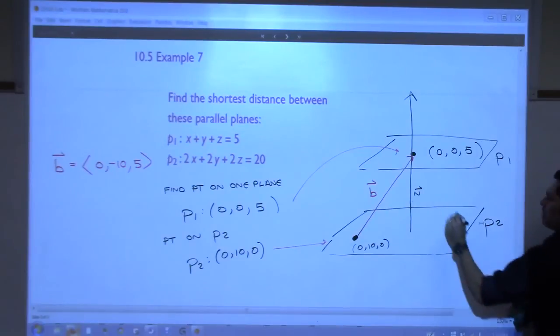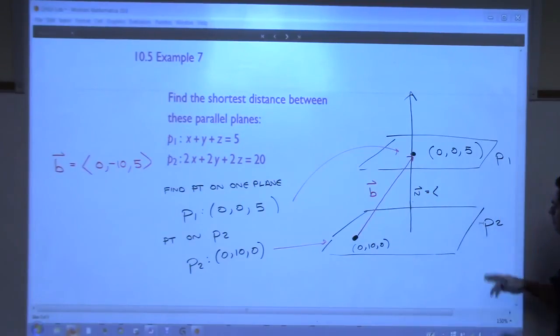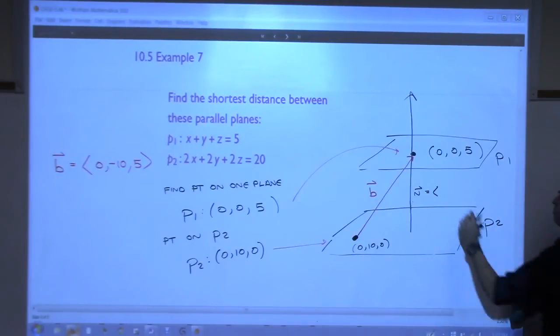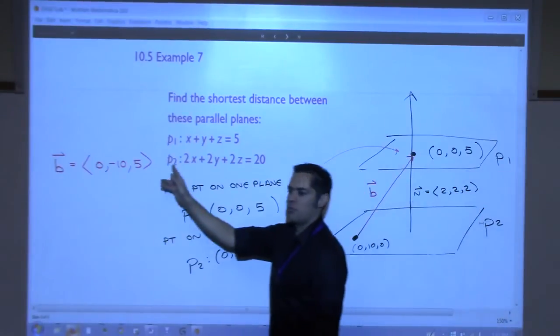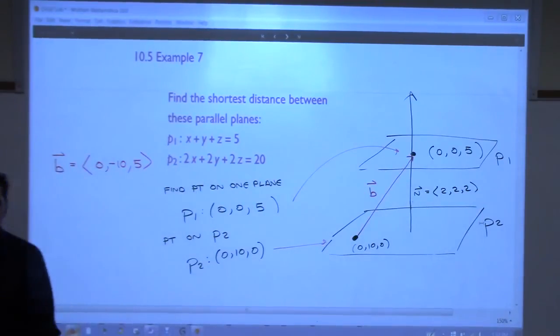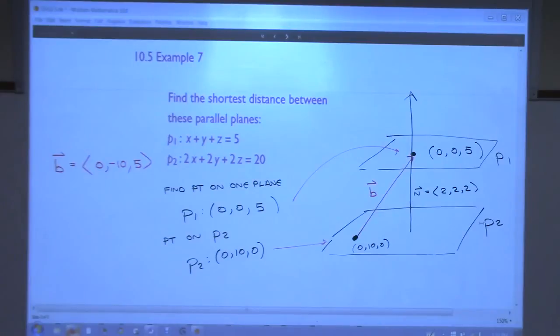And what is our normal vector, by the way? The one for plane 2. Let's just use 2, 2, 2. Yes, I could come through and divide this through, but 2, 2, 2. Okay?